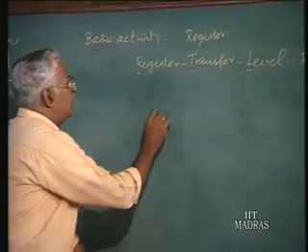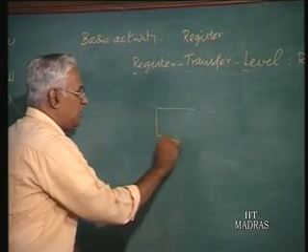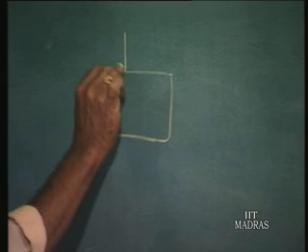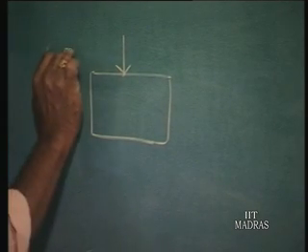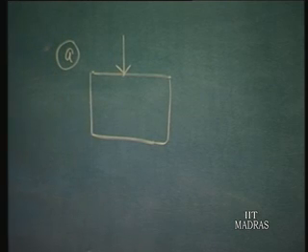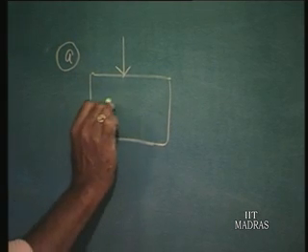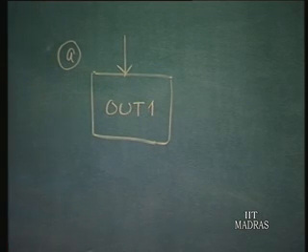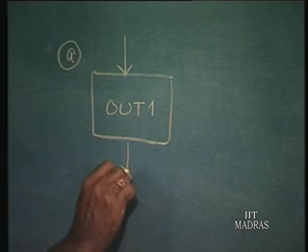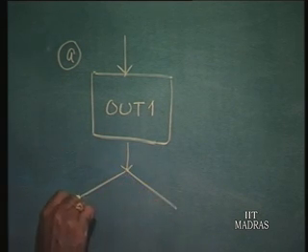Fine. A state can be represented, let us say, using a box. The machine enters a particular state. I'll just call it state A, and in that state it generates some output, which I will name out1, and in the same state A it checks for some input.